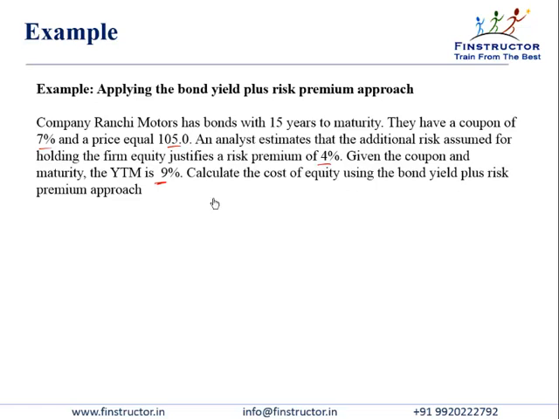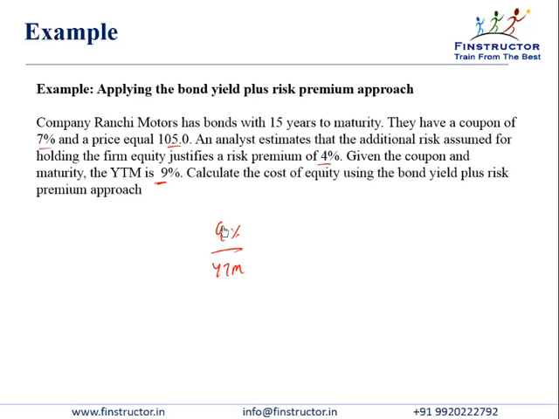So in the bond yield plus risk premium approach, we just calculate the yield to maturity on the traded bonds of that company. And we see that if bonds themselves are trading at a yield of 9%, then if I'm investing in the equity of this company, I would want a higher return than 9% because the bondholder is guaranteed payments and is probably guaranteed some collateral also.